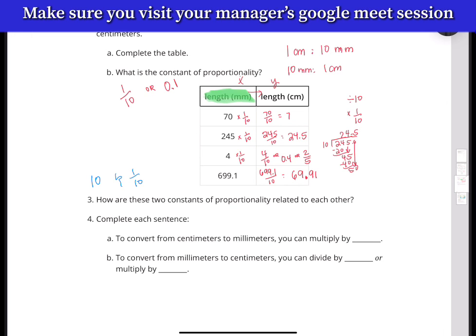What are they considered in the fraction world? If you guess they are reciprocals, you are absolutely correct. Okay, they are reciprocals. And the new word is the multiplicative inverse to each other.